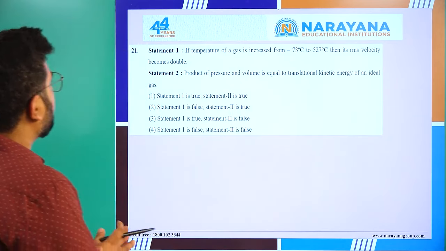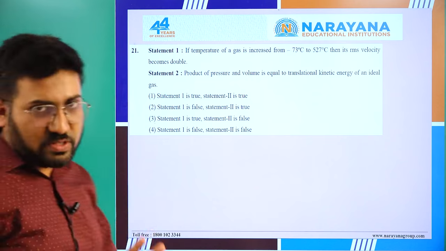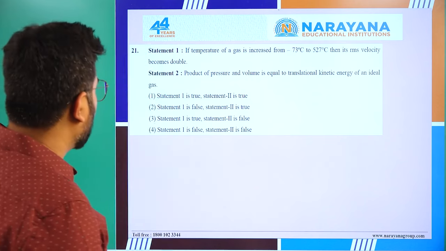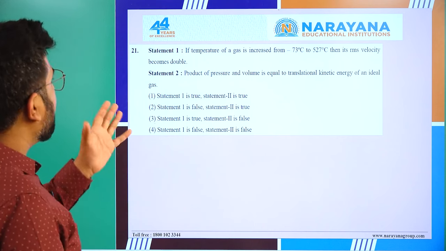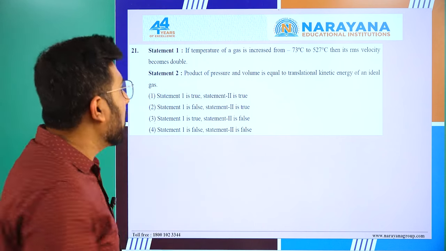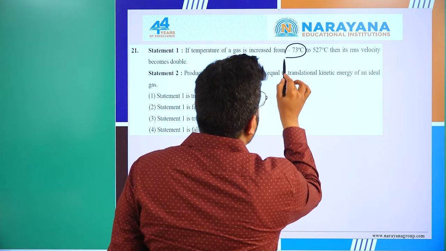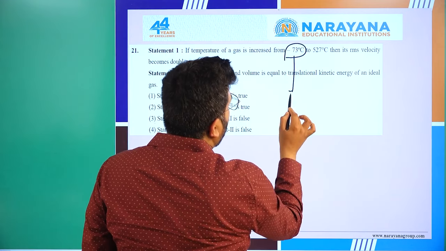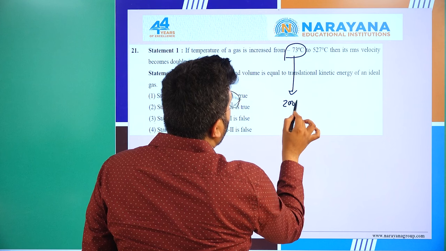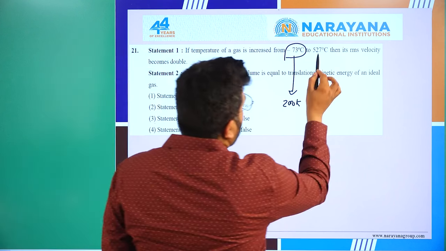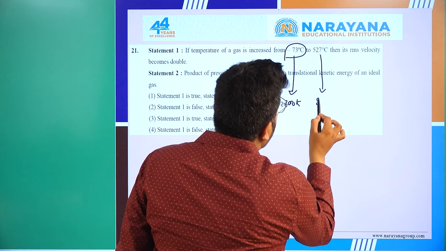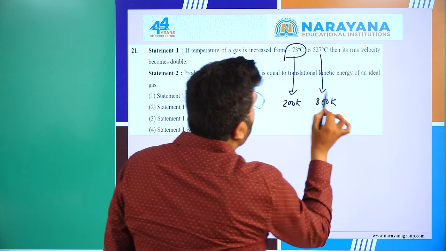What is given in this question? Again, it's a true and false type question where they have given you 2 statements, and let's read the first statement. The temperature of a gas is increased from minus 73 degrees, so if I convert it into Kelvin, it will be 200 Kelvin, to 527 degrees, that means if I convert it into Kelvin, it will be 800 Kelvin.